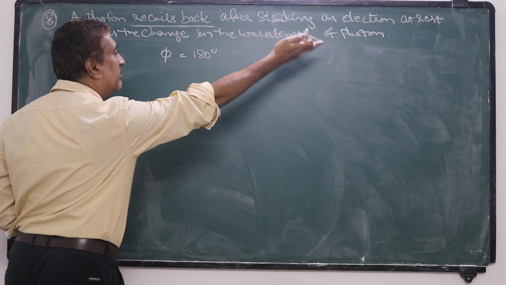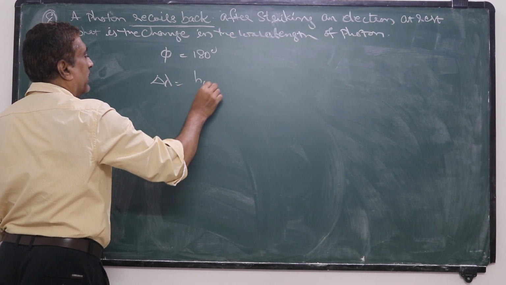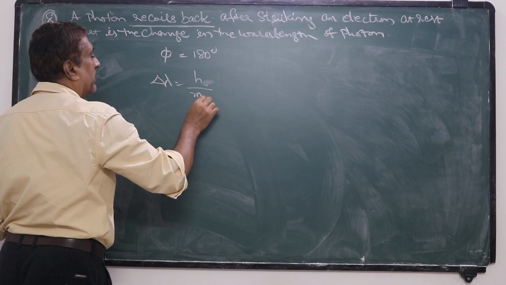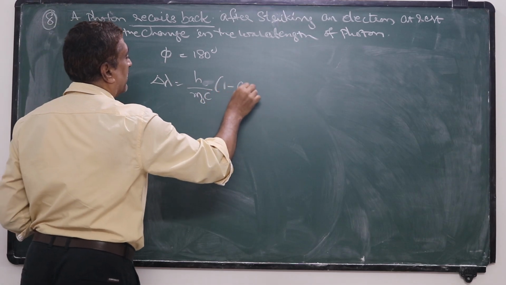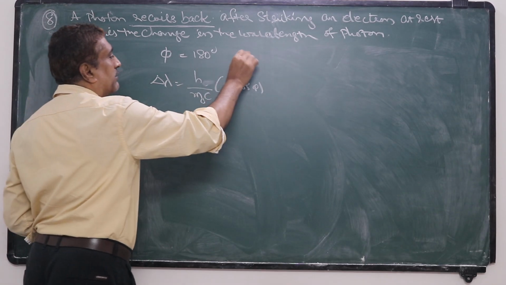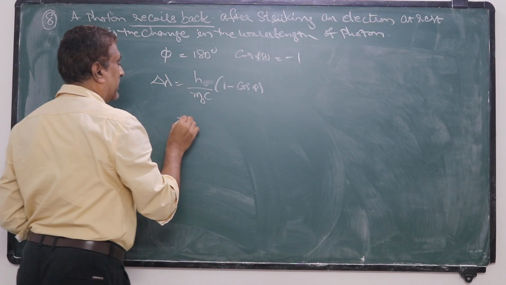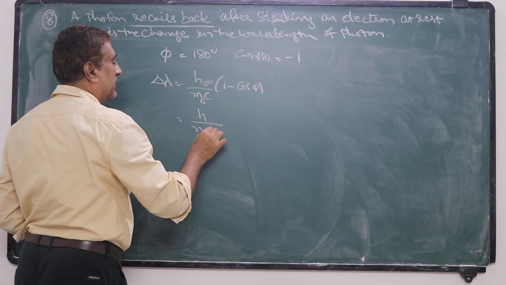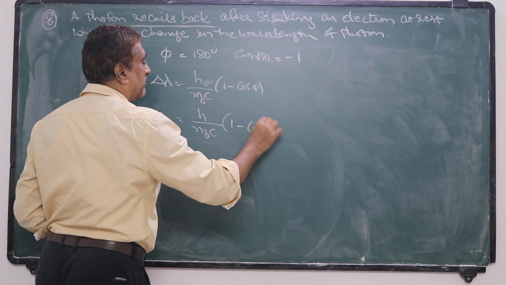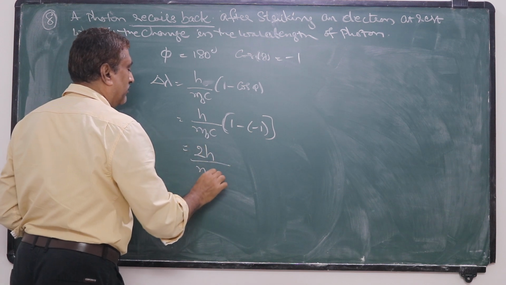Now after striking that, you have to calculate the change in wavelength. Delta lambda is equal to h by m naught c into 1 minus cos phi, and in this case phi is 180, so cos phi is minus 1. That is h by m naught c into 1 minus minus 1, that is 2h by m naught c.